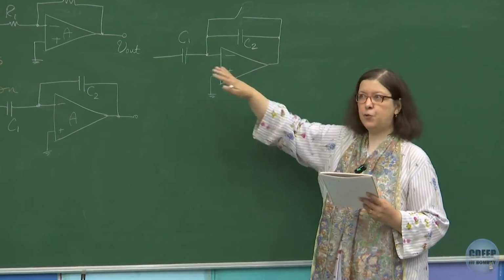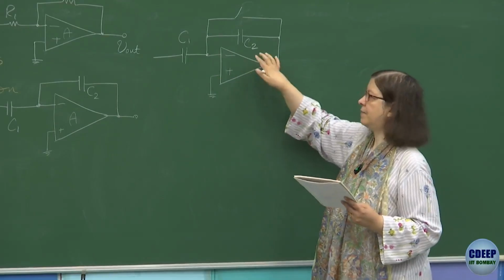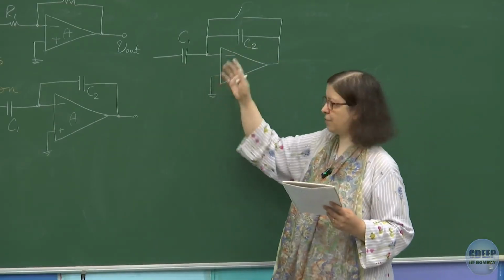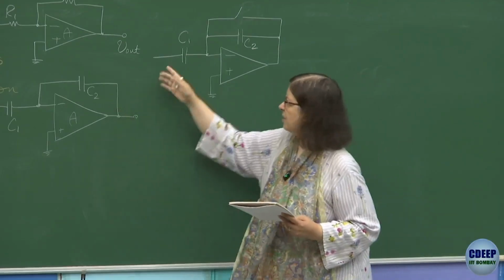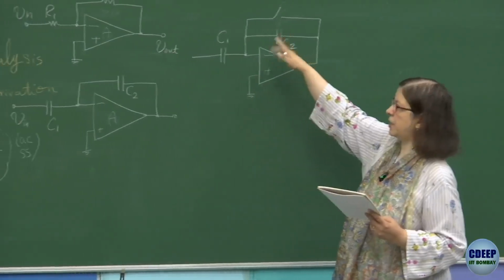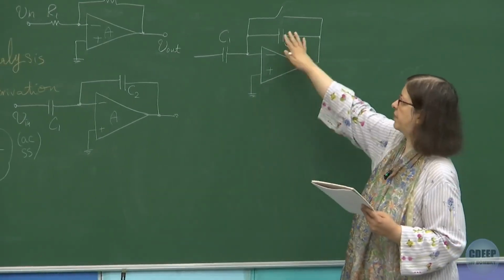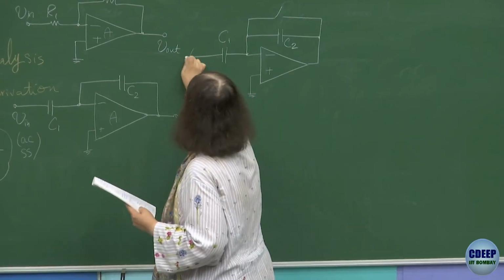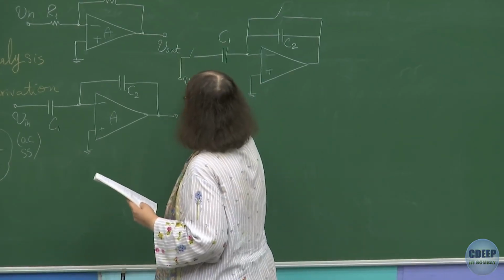So instead of doing that, we add another capacitor, which will give us this C1 upon C2 configuration, exactly the way we want. So we keep this C2. The switch we had before around the op-amp will remain. The switch we had connected to V-in will remain.